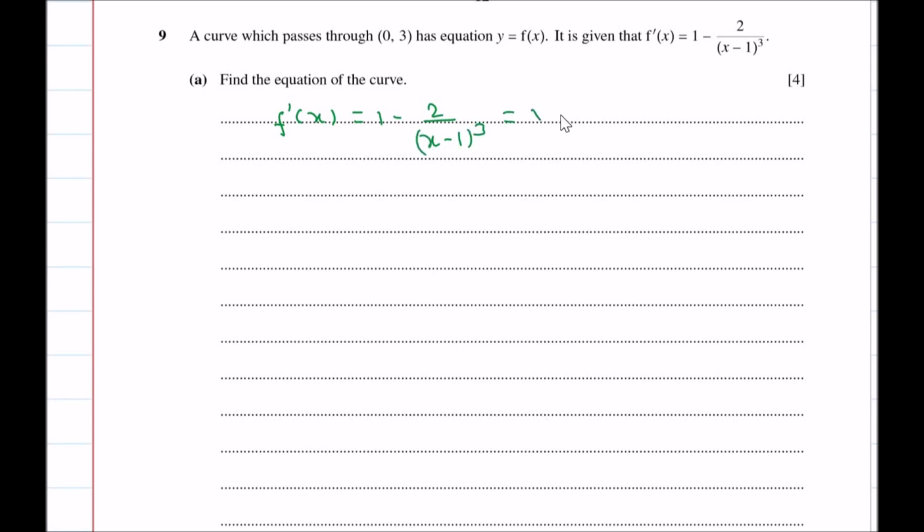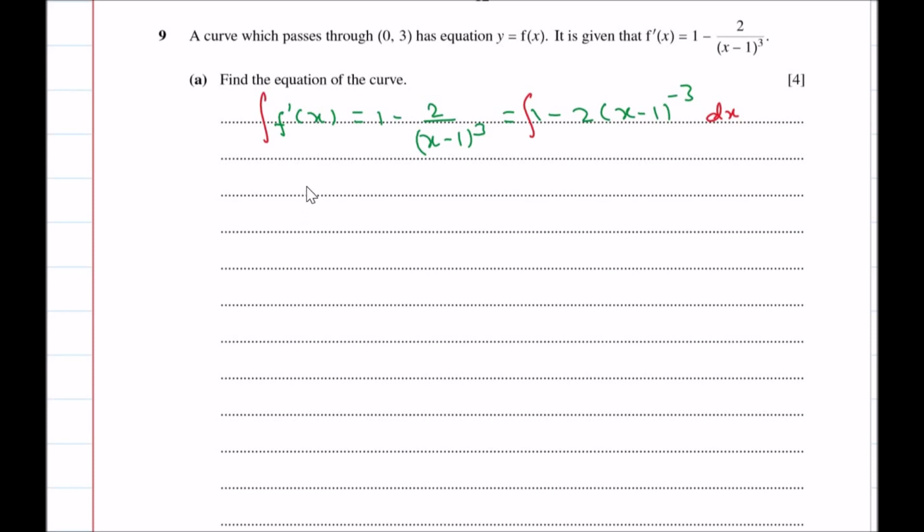This also can be written as 1 minus 2 times (x minus 1) to the power minus 3. Now what we can do? We have to integrate this. So integrate, put the integral sign, put dx here.